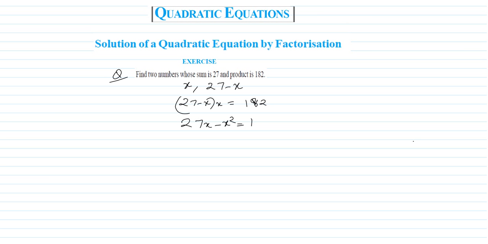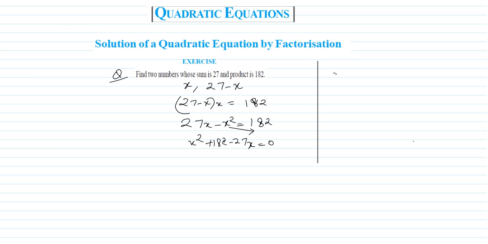Okay, so x square will go to the other side, and 27x will go to the other side as well. So this will be x square plus 182 minus 27x is equal to 0. So here we need to solve this by using the factorization method, and in the factorization method we compare the given equation with the standard quadratic equation, ax square plus bx plus c is equal to 0.